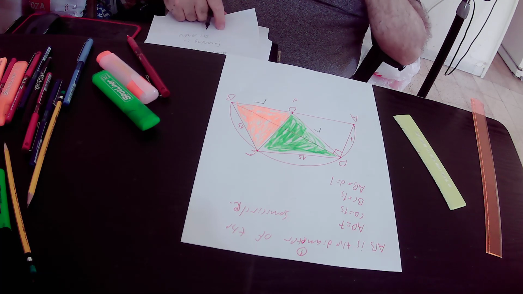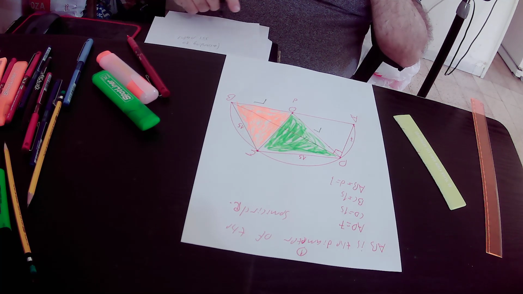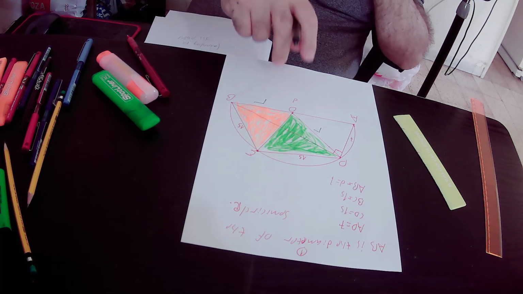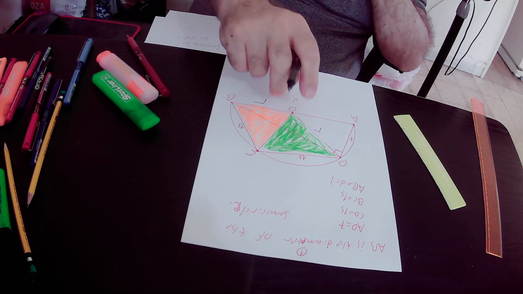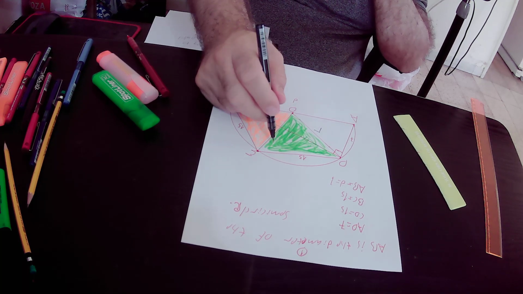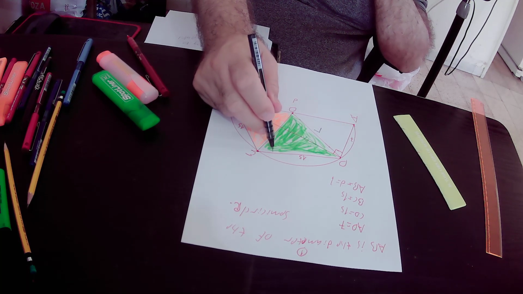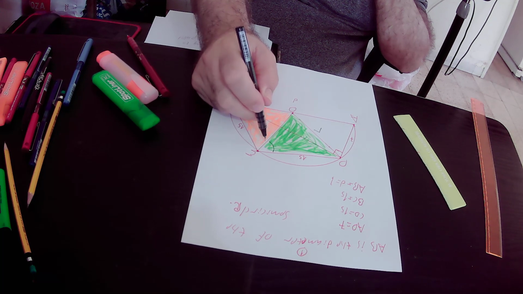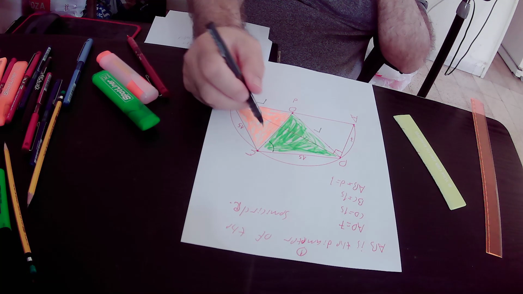So therefore we can also deduce from the fact that those two triangles are congruent to each other that angle OCD equals angle OCB.